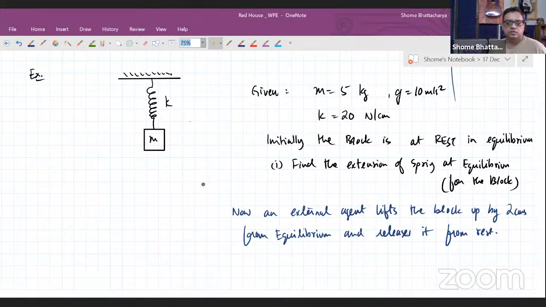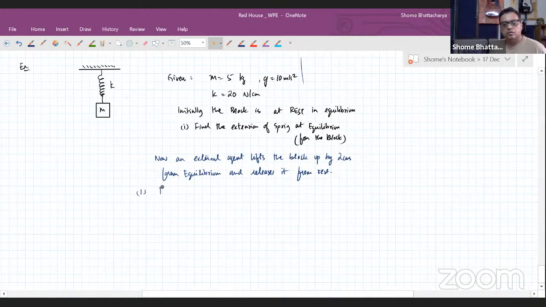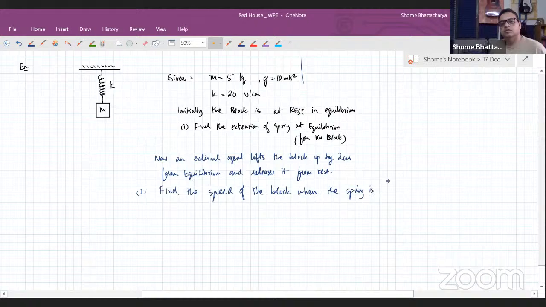So what we have to do now is find the speed of the block when the spring is at an extension of 2 centimeters, 3 centimeters.